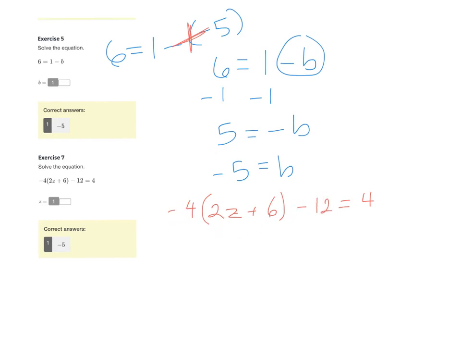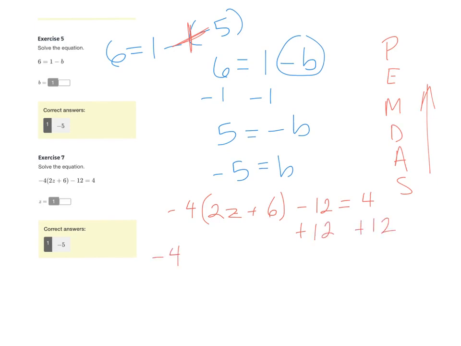Then we're going to do the multiplication. So remember when we talked about this, we want to go through order of operations backwards. So backwards, we're looking for the addition or subtraction part. And so that's going to lead us right here to this negative 12. We're going to do the inverse. We're going to add 12 to both sides of the equation.